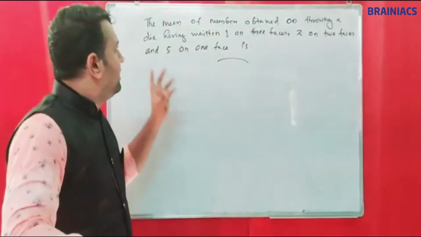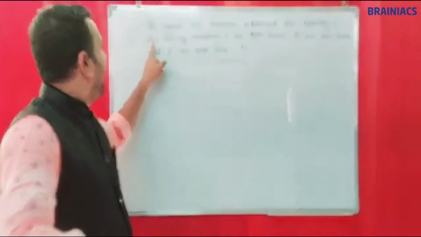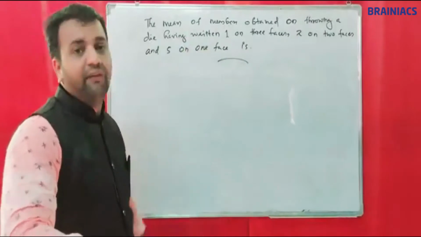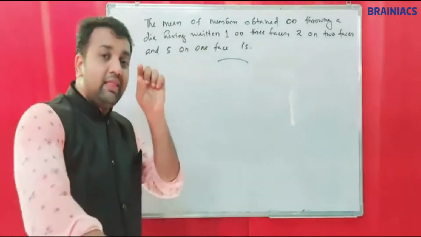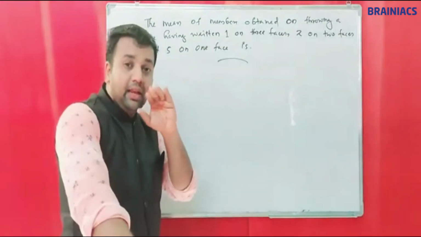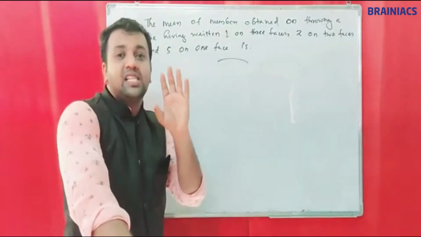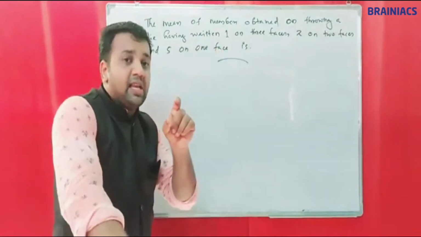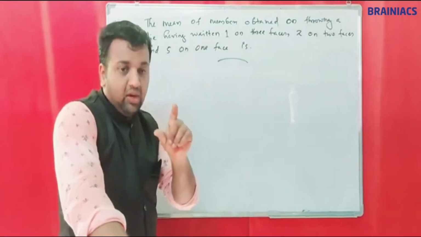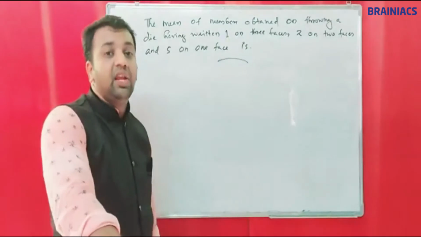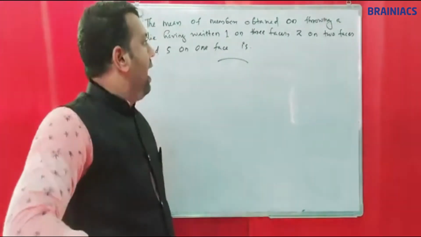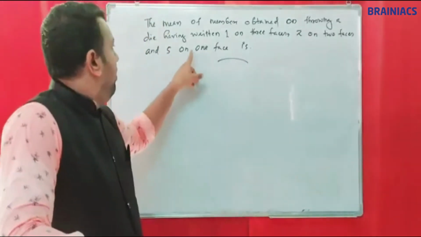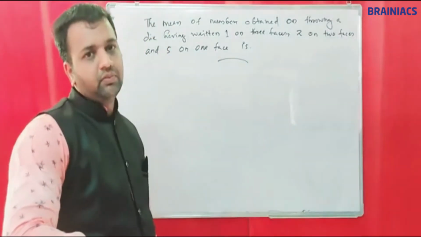Next question is: the mean of numbers obtained on throwing a die having 1 written on 3 faces. Each die has 6 faces. In this die, 3 faces carry the number 1, 2 faces have the number 2, and only 1 face has the number 5.